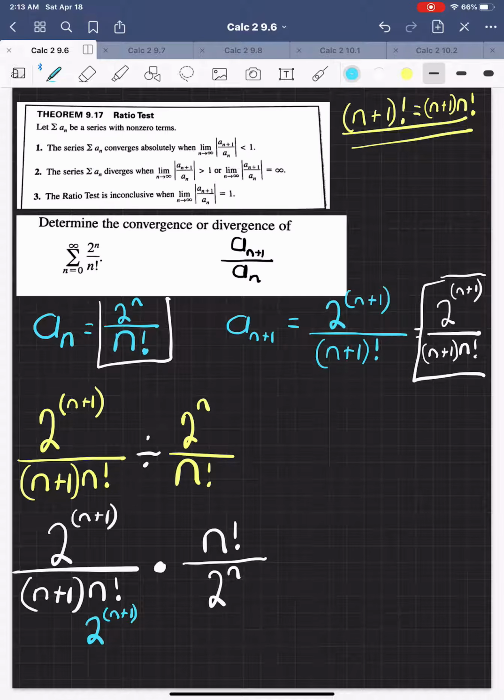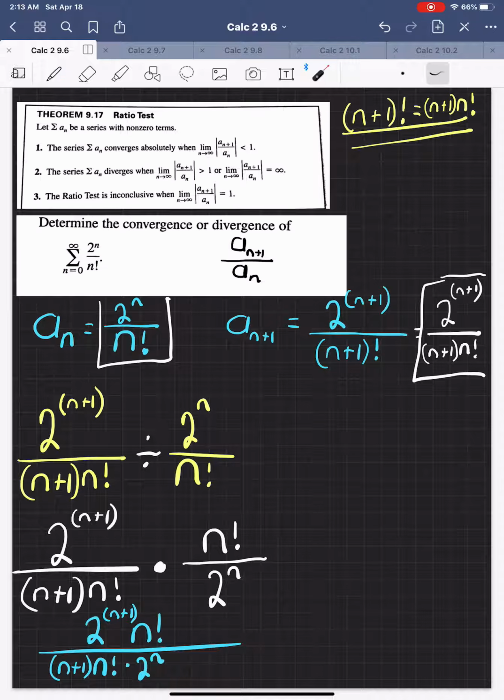So that's 2 to the n plus 1 times n factorial over n plus 1 times n factorial times the other denominator, which is 2 to the n. Okay, so numerator times numerator, denominator times denominator.